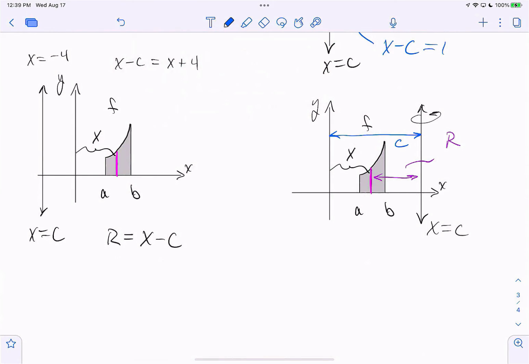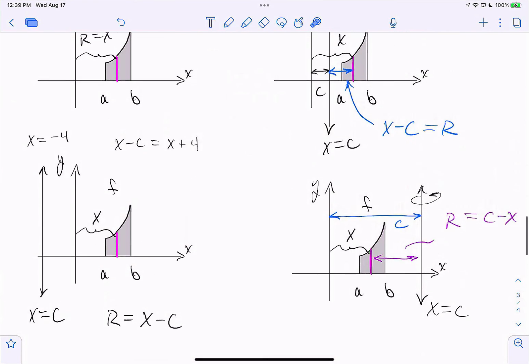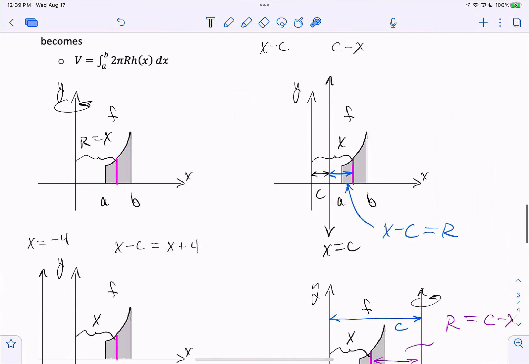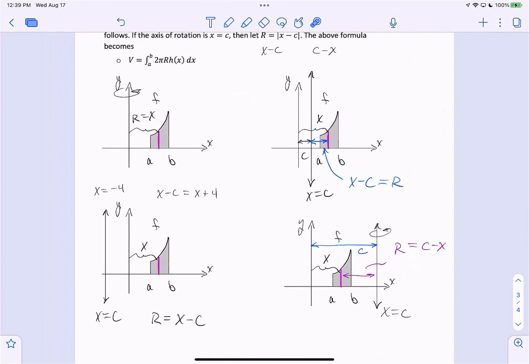I should say up here that was our radius too. Anyway, our radius is given by c minus x, right? So depending on how the axis of rotation is oriented with respect to the representative rectangle, the radius is always x minus c or c minus x. Of course, in the case that the axis of rotation is, say, the y-axis, then c is equal to 0, so the radius is x.